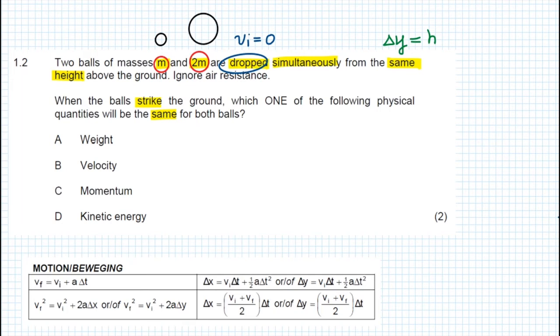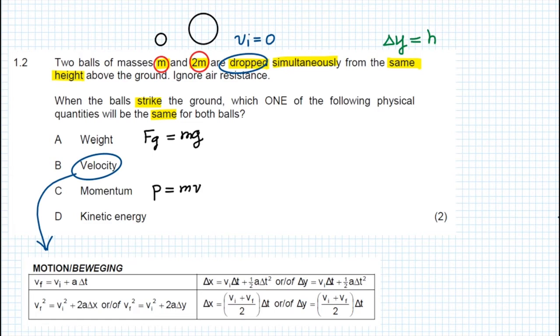Now, let's look at the different options that we have. To calculate weight, we say Fg is equal to mg. To calculate velocity, we use equations of motion, especially in the section on vertical projectile motion, because the objects are traveling in a straight line. To calculate momentum, we say P equals mv, where P is the momentum of each object.